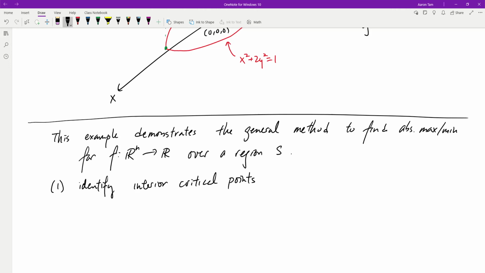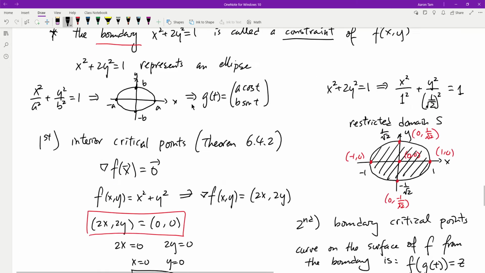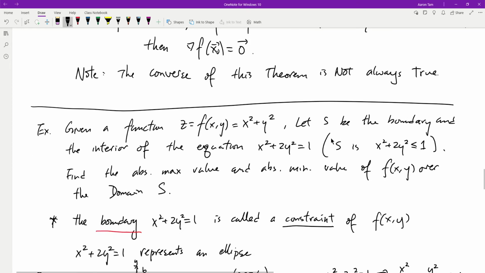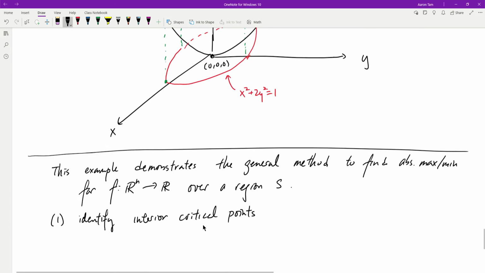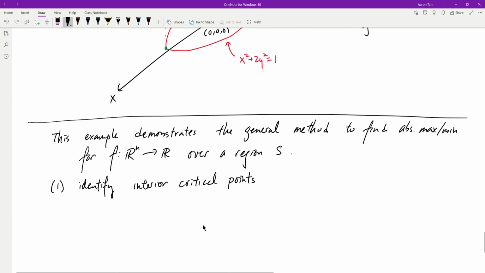Like in this particular problem, the question specified that we are talking about the boundary of the equation x squared plus y squared plus 2y squared equal to 1. The question did not mention anything about interior, and more importantly, when they define the region using an equation, not an inequality, then it's very likely that you're not dealing with interior.